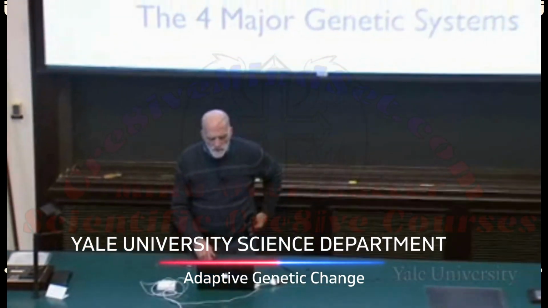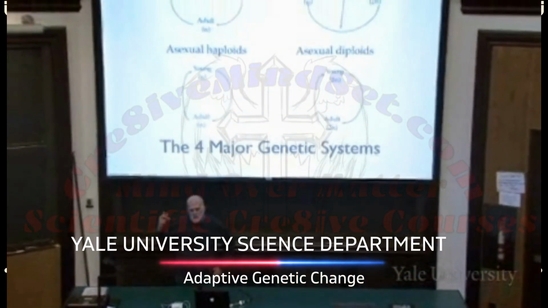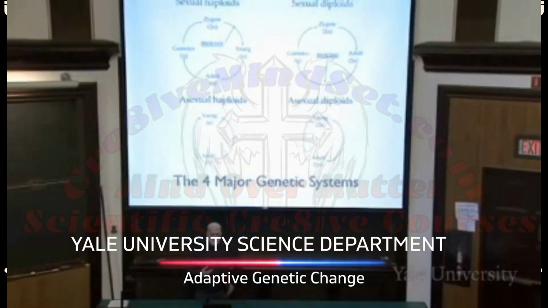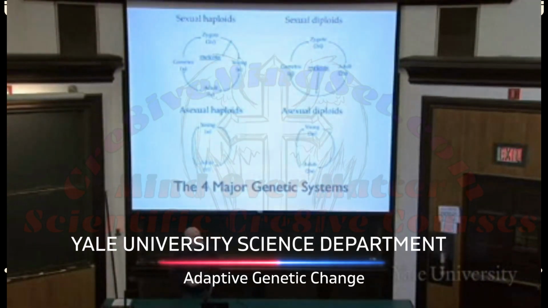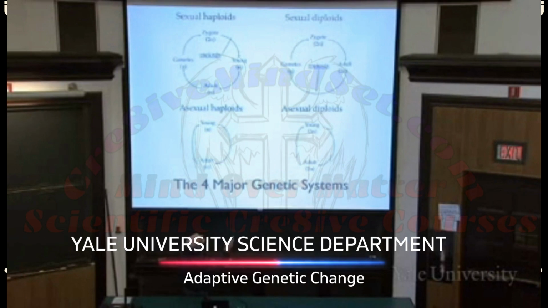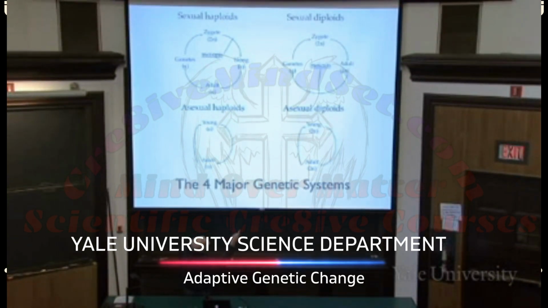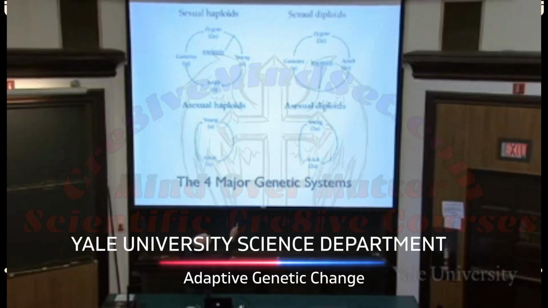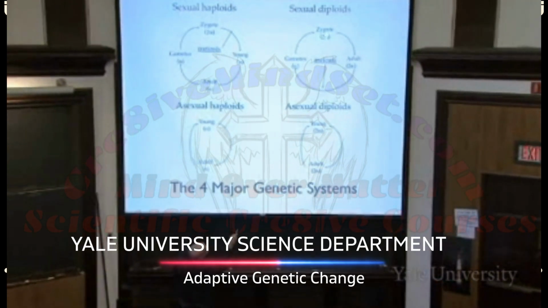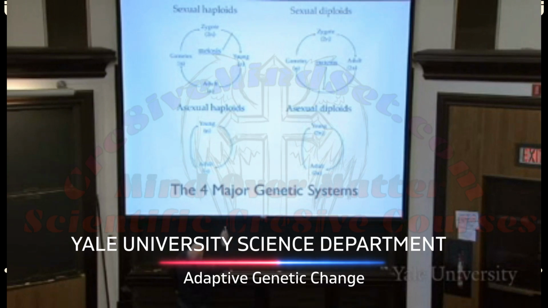Okay, so this is what's going on with these four systems. Basically, the difference between sexual haploids and sexual diploids is the point in the life cycle where meiosis occurs. If the adult is diploid and meiosis occurs in gonads in the adult to produce gametes, and then the zygote forms and develops so that all of the cells in the developing organism are diploid, you get the diploid cycle.